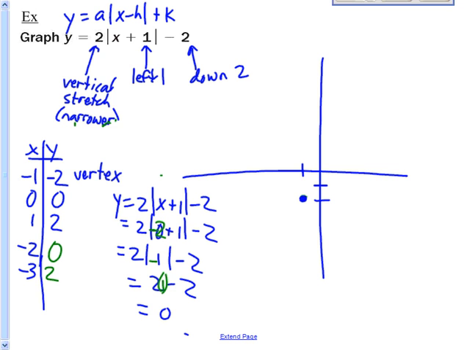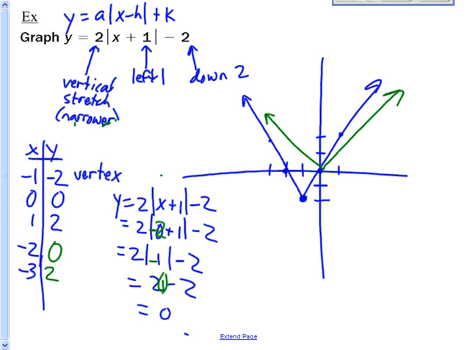Okay, so we got these points here: 0, 0, 1, 2. There's my right-hand side. I got the negative 2, comma 0, negative 3, comma 2. There's my left-hand side.